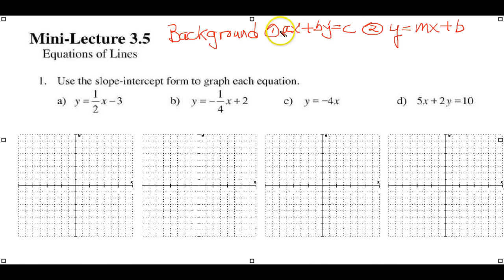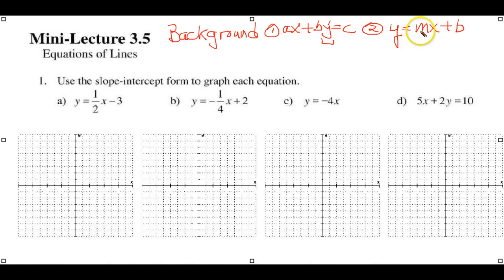And if we took standard form and solve for the letter y, it would give us a formula 2, which is slope-intercept form. So we've mentioned this now a couple of times.